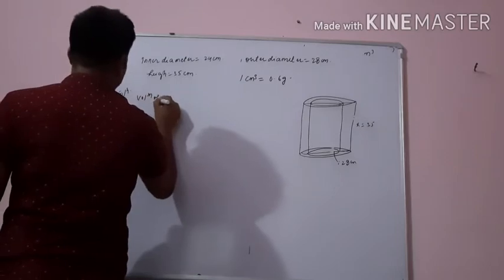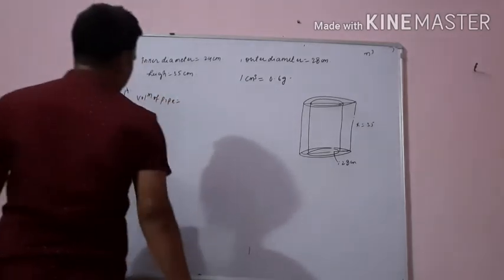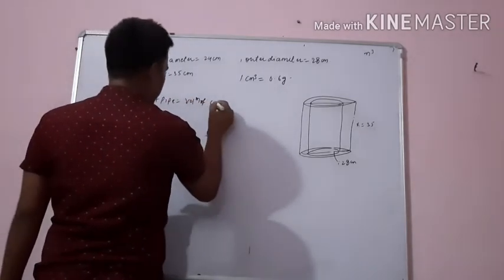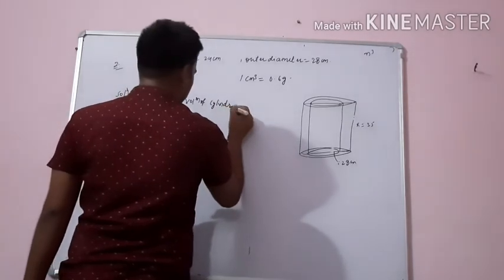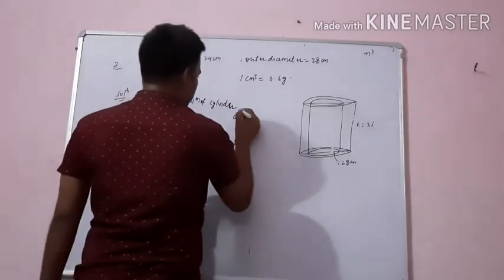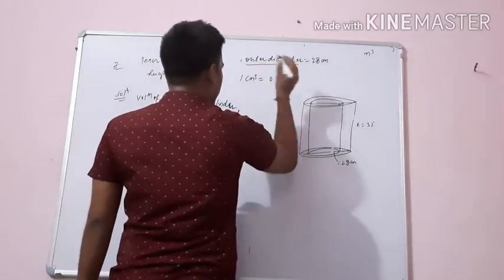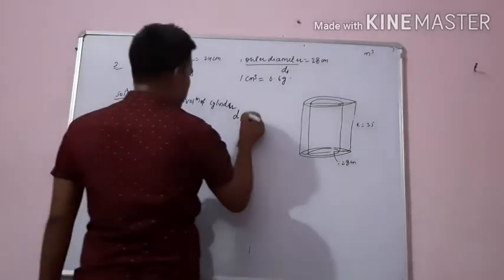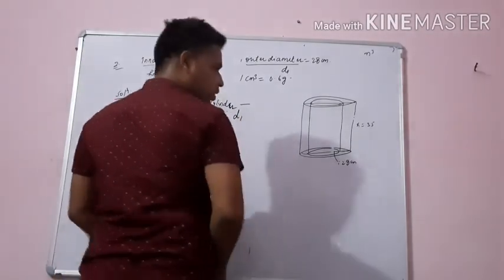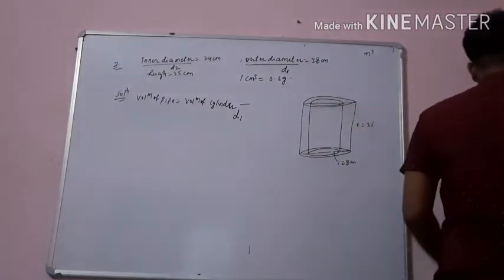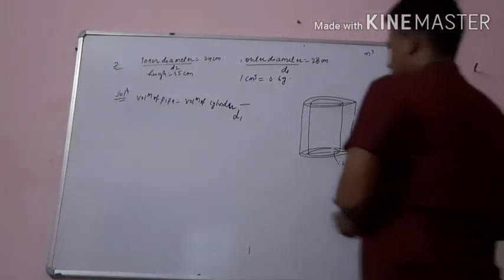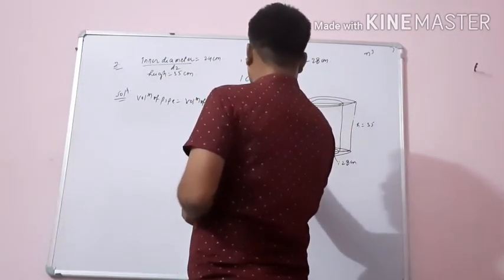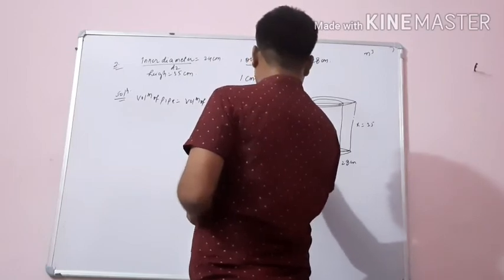The volume of the pipe can be given as the volume of the cylinder with outer diameter d1 minus the volume of the cylinder with inner diameter d2.